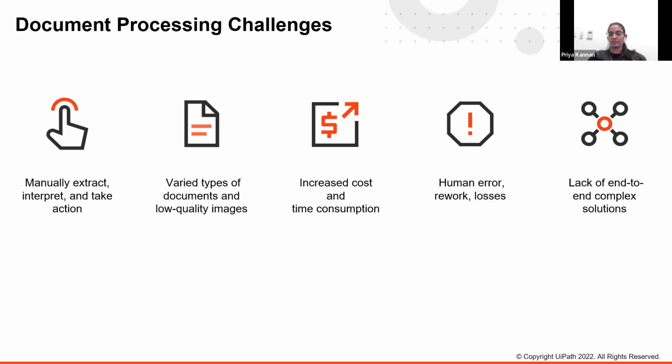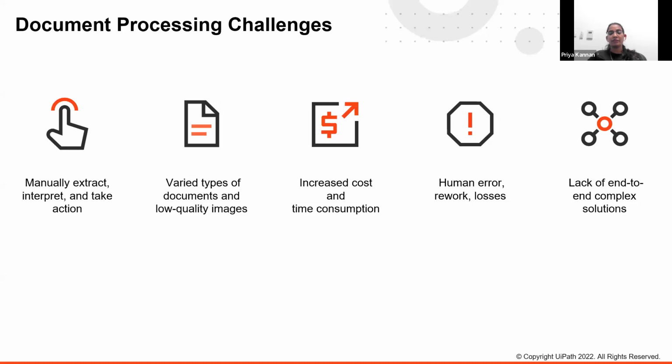If you are one person getting 10 checks a day, then it's not an issue, you can do it. But how about getting 10,000 checks a day, where you have to take the checks, make a copy of each, enter the details into each field, and then submit it to the bank? For one check, let's say it takes 3 to 5 minutes.